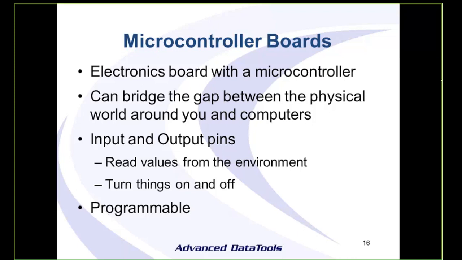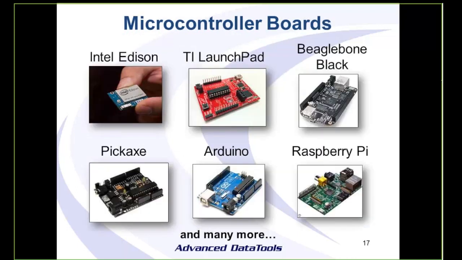That's where you connect that microcontroller board to your sensors, to your motors, whatever. And they're programmable. So we're not just using electronics now to control what we want. We can actually write a program. There's a whole bunch of these microcontroller boards. Some of them you've probably heard of, but there are so many of these things now.